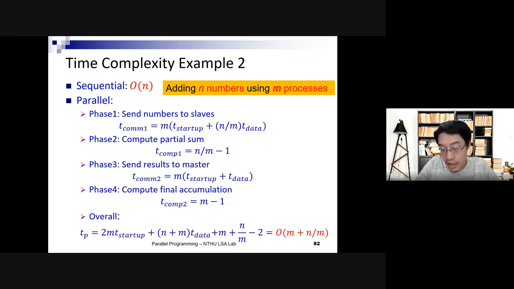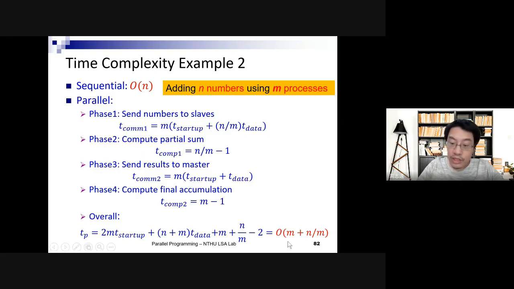So when we analyze it, we assume messages are received sequentially. Finally, we have all the partial sums, so we have m minus 1 computations on the master node. Anyway, we just introduced m here, and again, we can add everything together the same way and get the final result over here.